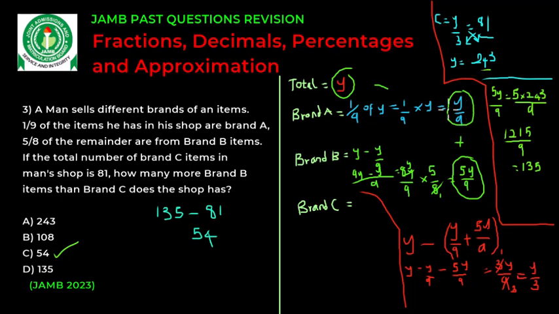The total of brand A subtracted from the overall total in the shop. Subtracting this, we had 8y/9.